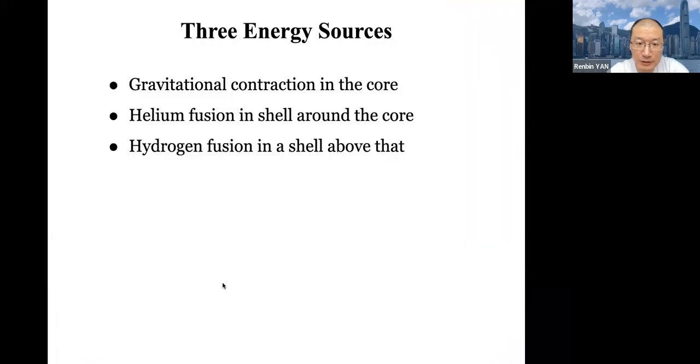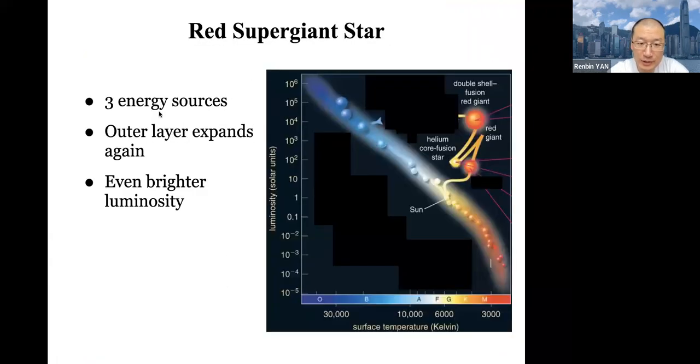And so with these 3 energy sources, the outer layer expands again, and it has an even brighter luminosity, right? So from the helium core fusion star, the star goes up on the HR diagram to even higher luminosity, and we now call it a red supergiant.